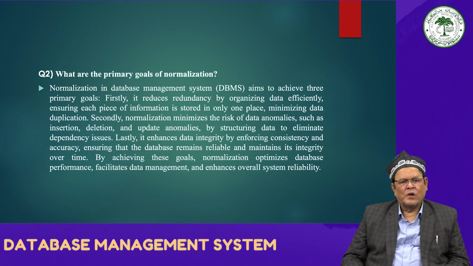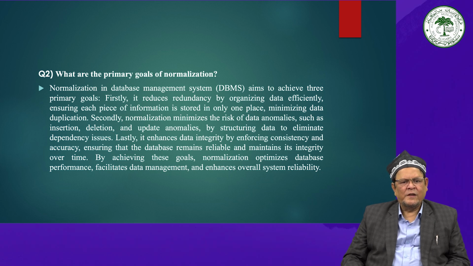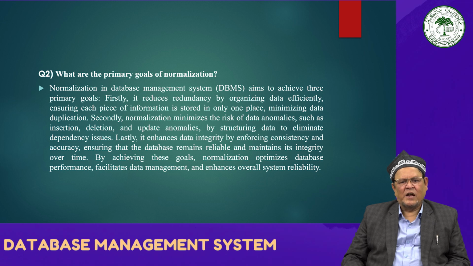The next question was: what are the primary goals of normalization? Normalization in database management system aims to achieve three primary goals. Firstly, it reduces redundancy by organizing data efficiently, ensuring each piece of information is stored in only one place, minimizing data duplication. Secondly, normalization minimizes the risk of data anomalies such as insertion, deletion, and updation anomalies by structuring data to eliminate dependency issues.